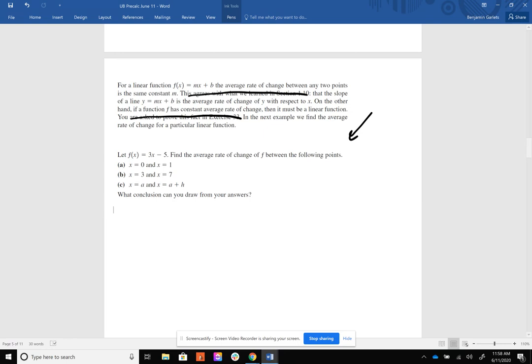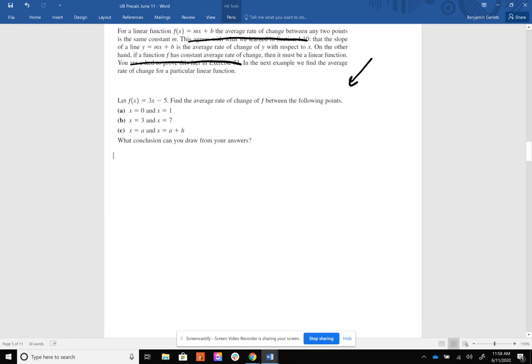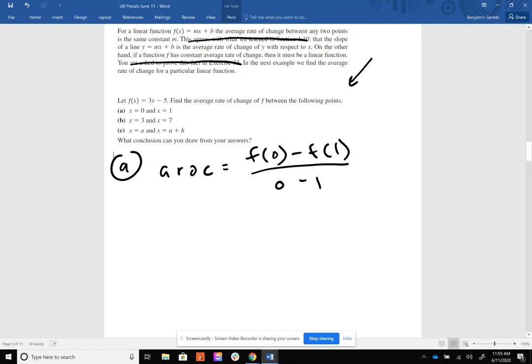So for part A, average rate of change is f of 0 minus f of 1 over 0 minus 1. And I've got this linear function right here. I'm just going to plug those values in to figure out what f of 0 and f of 1 are.